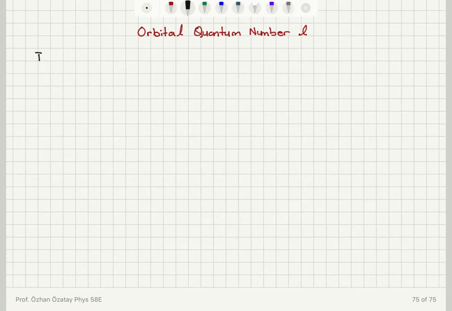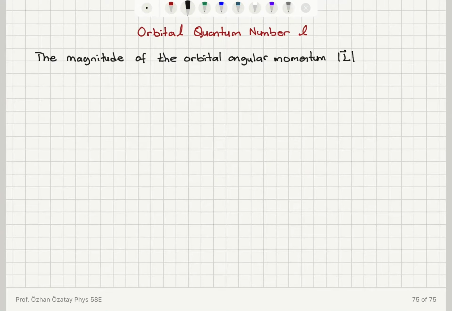The magnitude of the orbital angular momentum of an electron that has orbital angular momentum quantum number L, which we can show with the absolute value of the L vector of an individual electron, is given as square root of L(L+1) h bar.